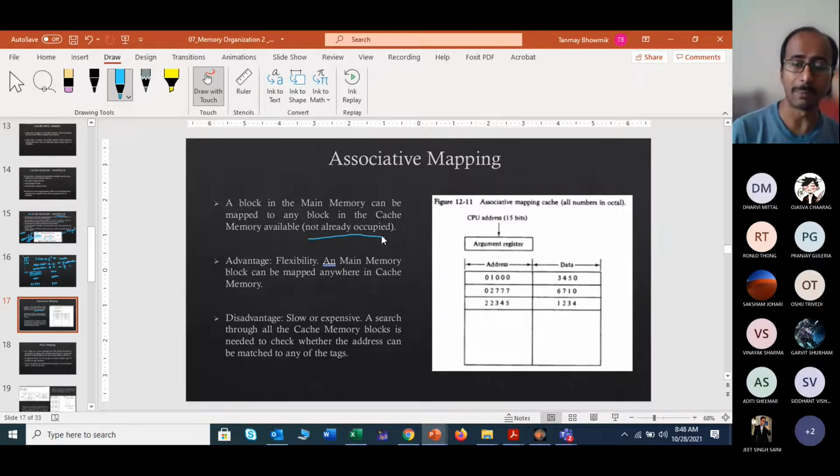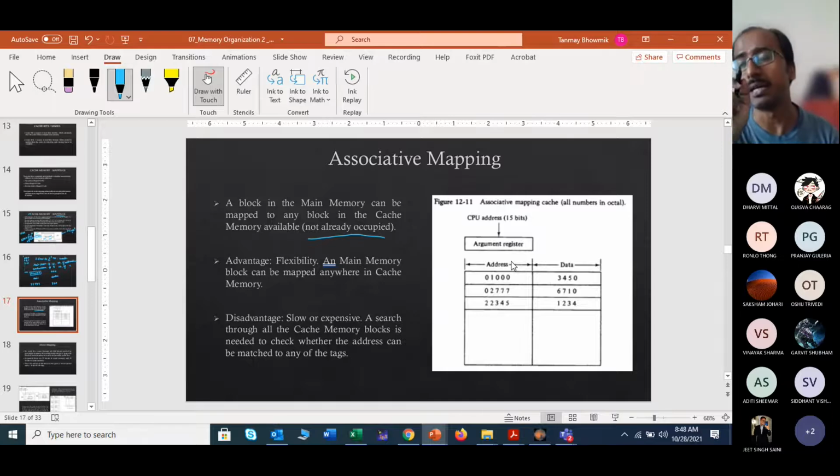So this is simple associative mapping, and here a simple memory mapping technique is used. No tag and index separation or any other specific technique is maintained. Simply the argument register is searched. We have already used an argument register in our MIPS programming. Most of you are doing programming with arrays, right?